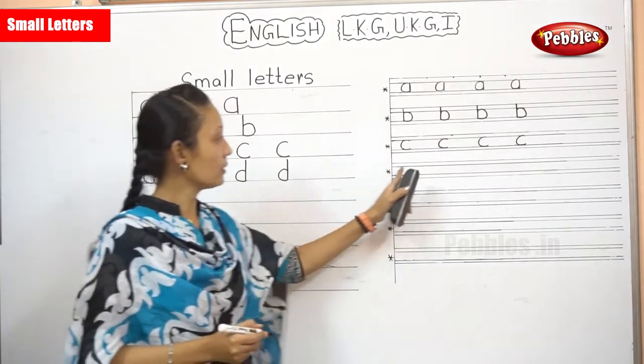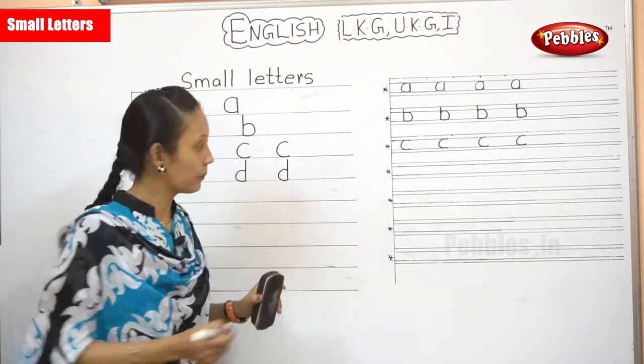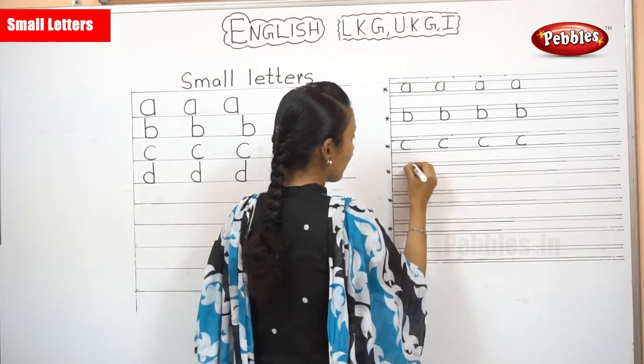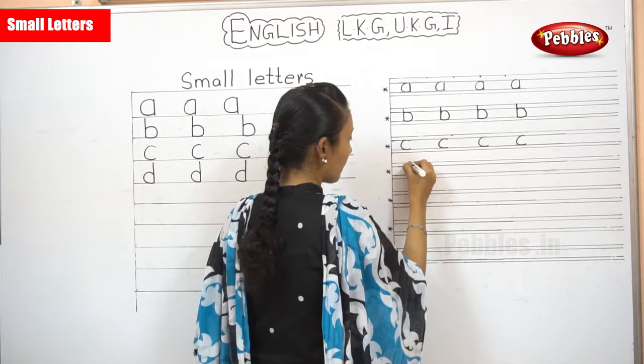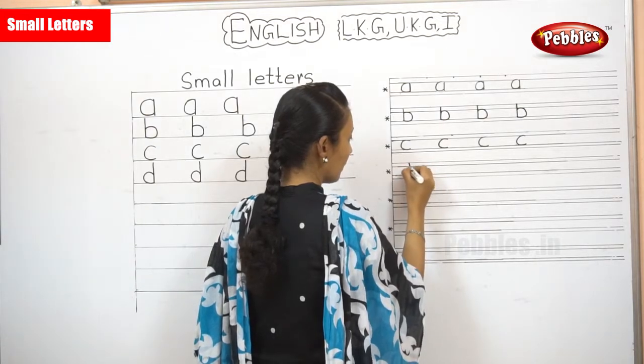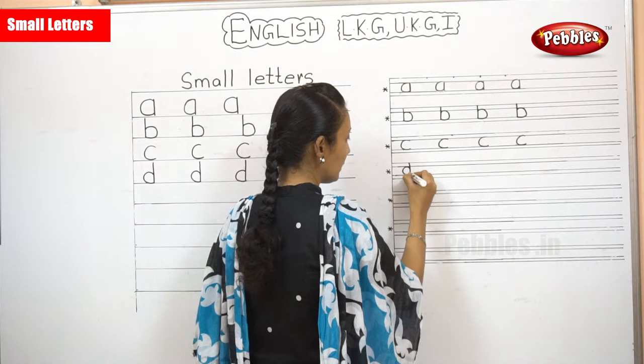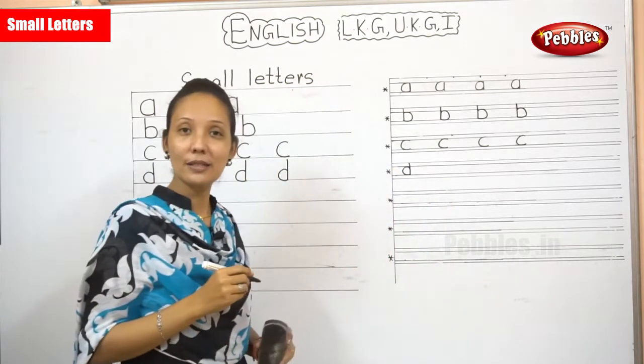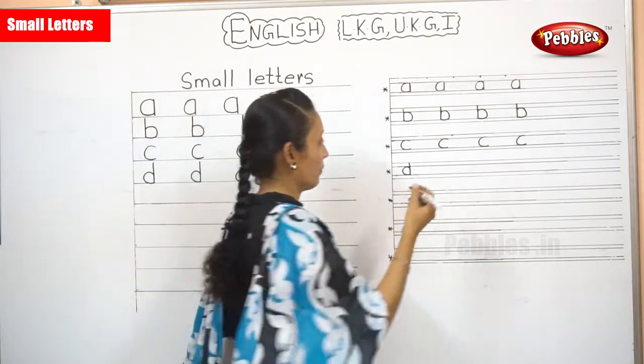So now shall we learn to write the D in your 4 lines? You will start it from your first line, come down to your third line and your curve, D. What alphabet is this? Yes, small d.